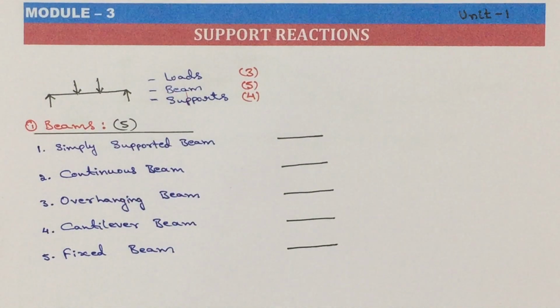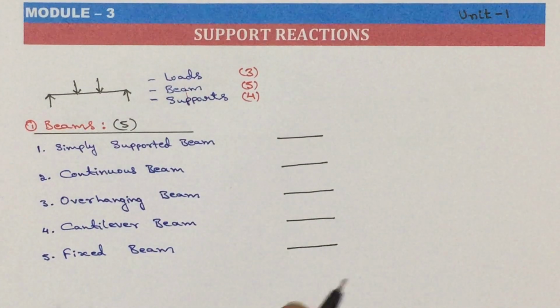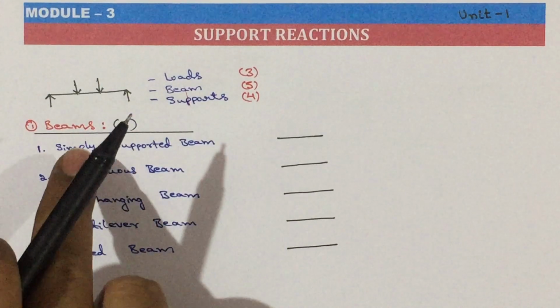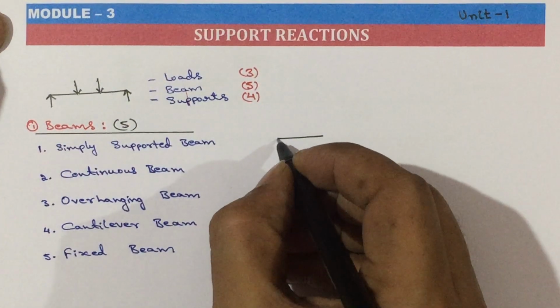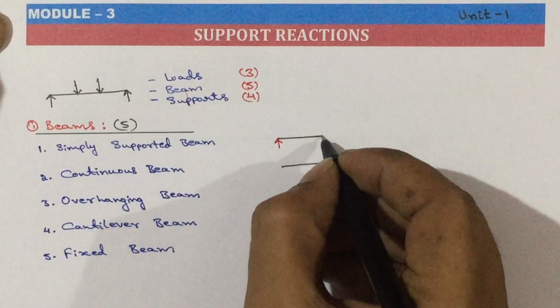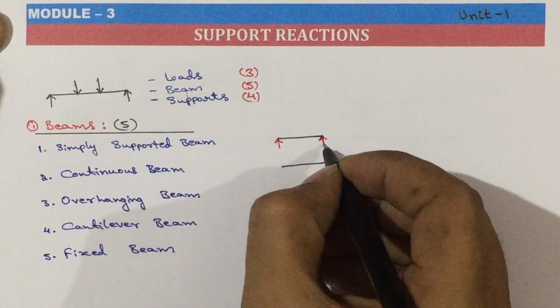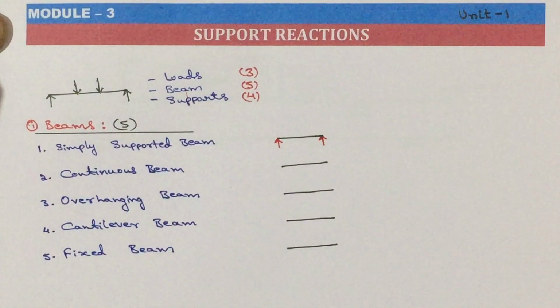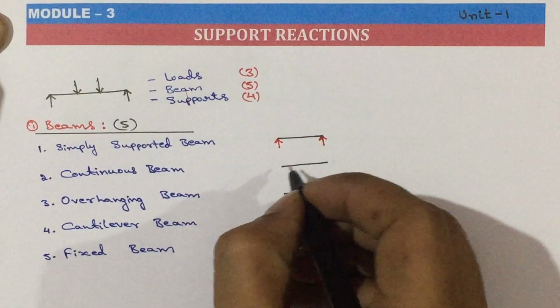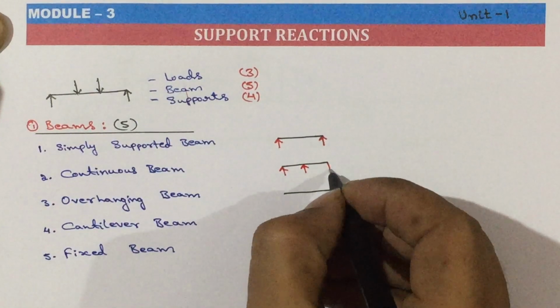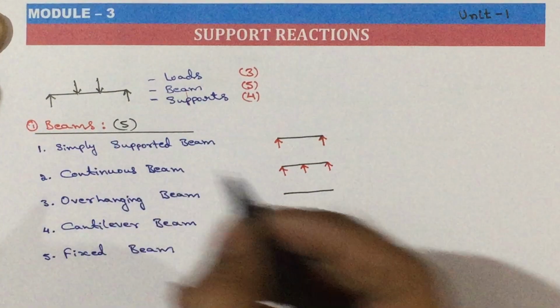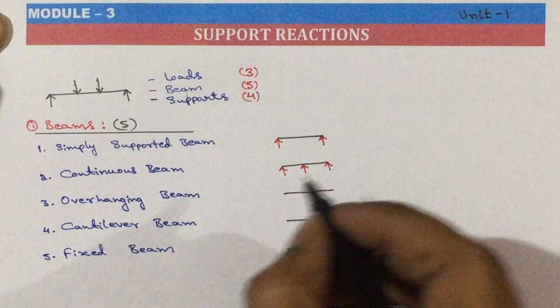Now depending upon how the support is provided to this horizontal line, we classify beams into 5 types. Suppose we provide 2 simple supports at the ends, then we call that a simply supported beam. Suppose a beam is provided with more than 2 supports, then we call that a continuous beam.